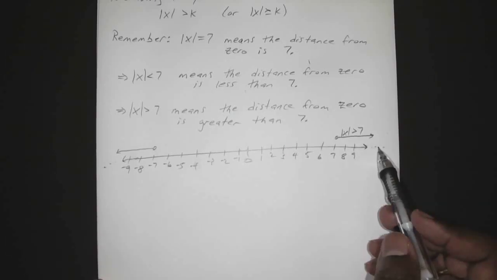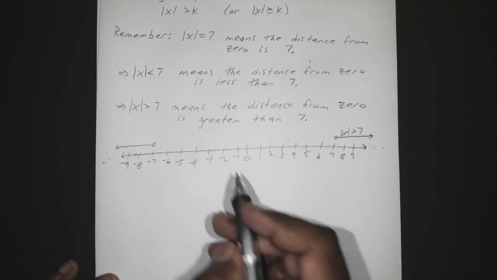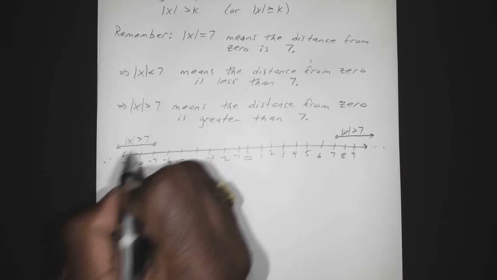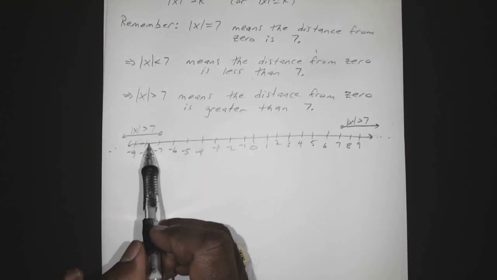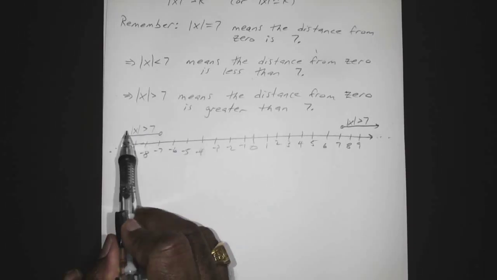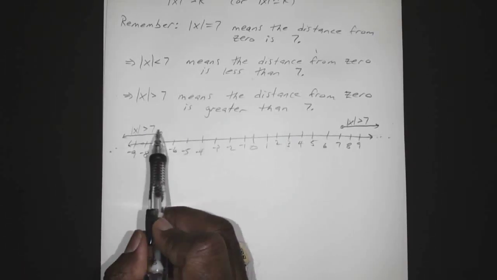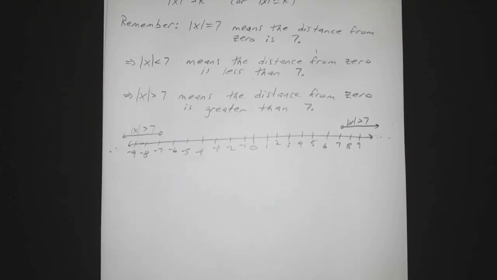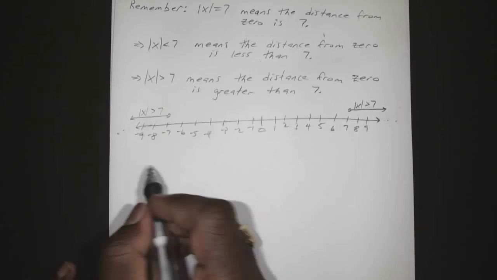If we keep on going, absolute value of 1,000,000 is bigger than 7. Same way this way. It will be bigger than 7, because if we plug in x equals -8, the absolute value of -8 is +8, which is bigger than 7. Absolute value of -20 is +20, which is bigger than 7. So as you keep on going to the negative numbers, you'll still keep getting your true answers.